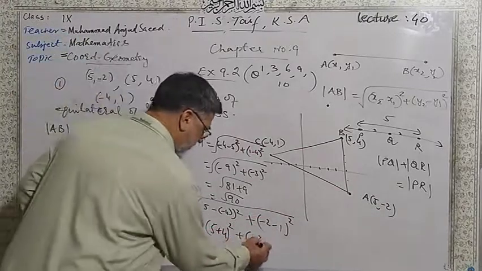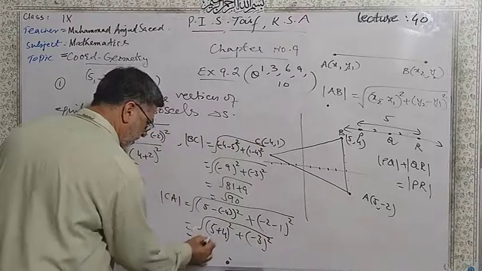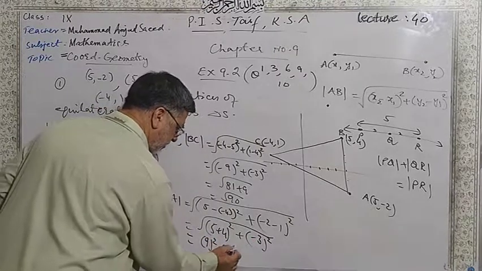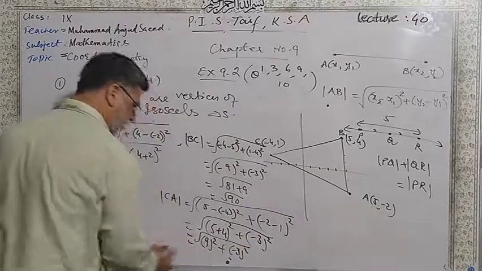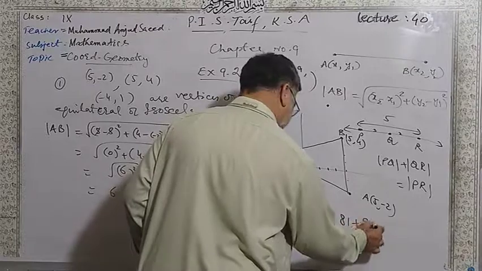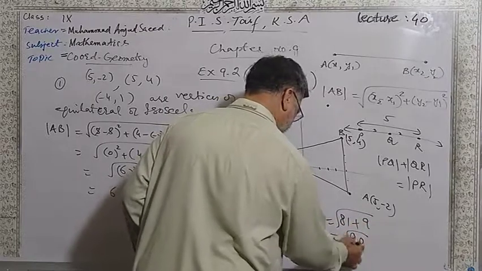That is minus 3 whole square. Whole under root: 9 square plus minus 3 square, whole under root. It will be 81 plus 9 under root, that is 90 under root.